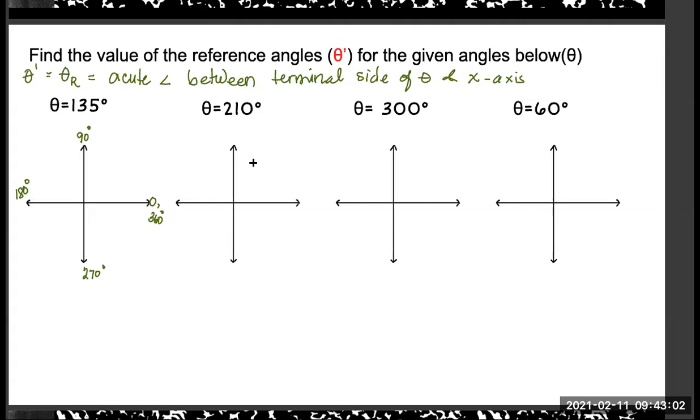All right. So 135 is between 90 and 180. It doesn't have to be precise. So your 135 degrees would be somewhere here. That is your 135 degrees.